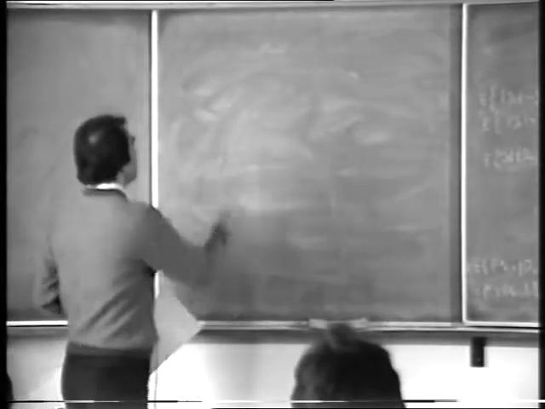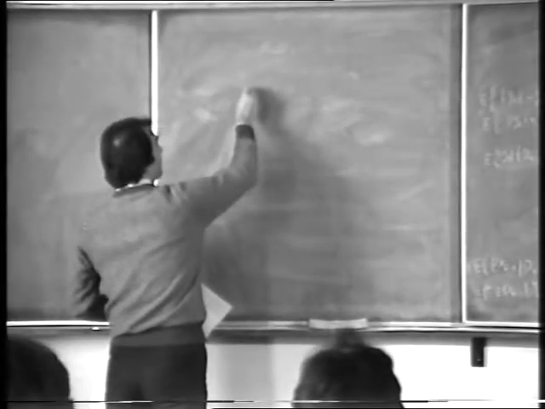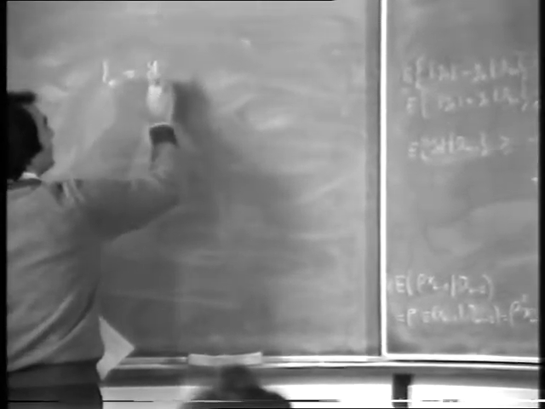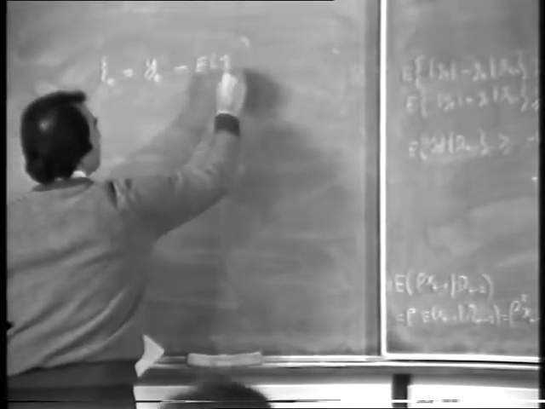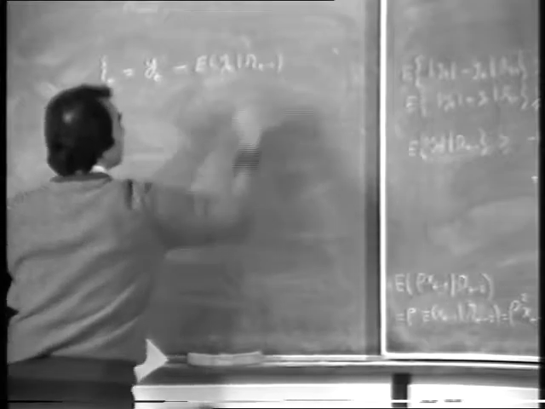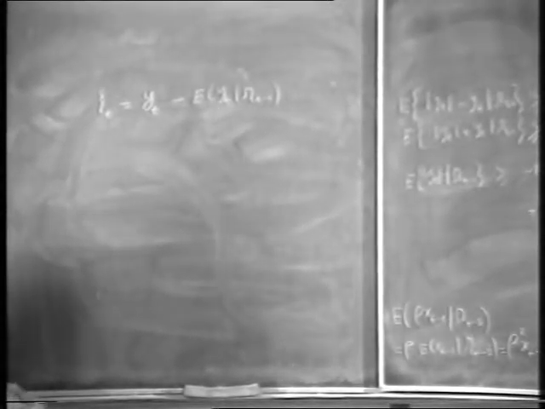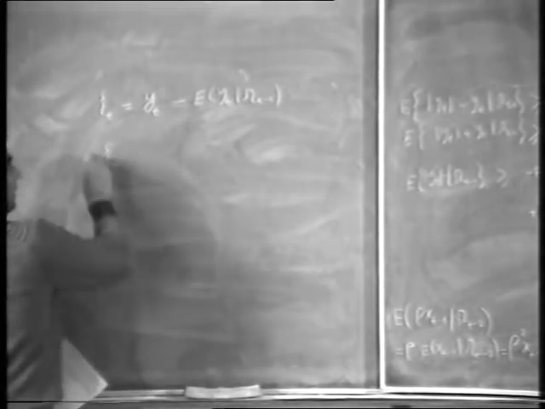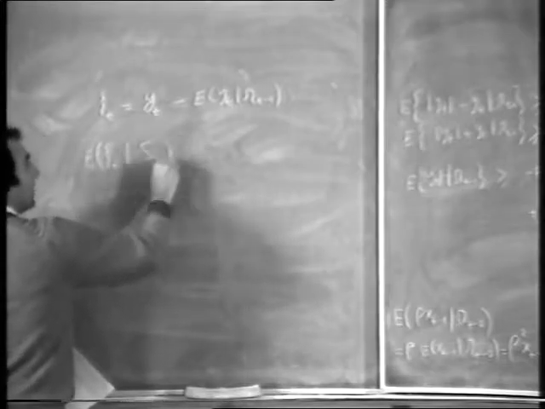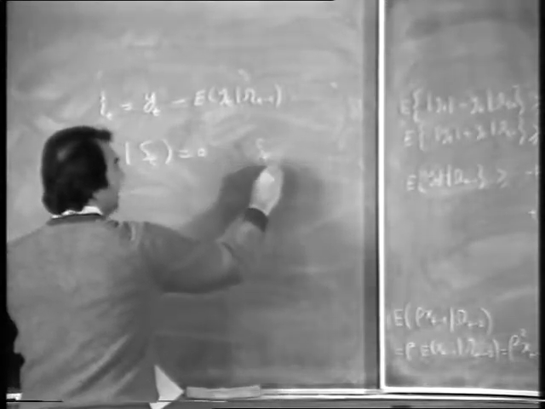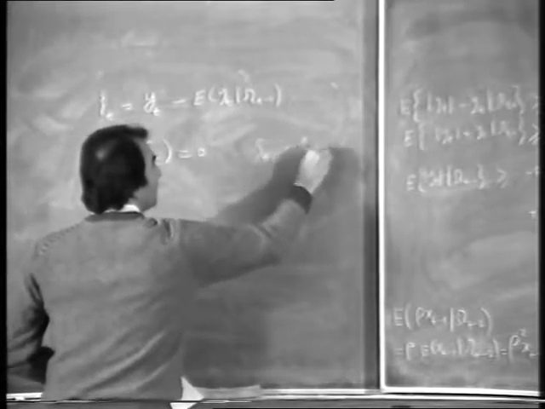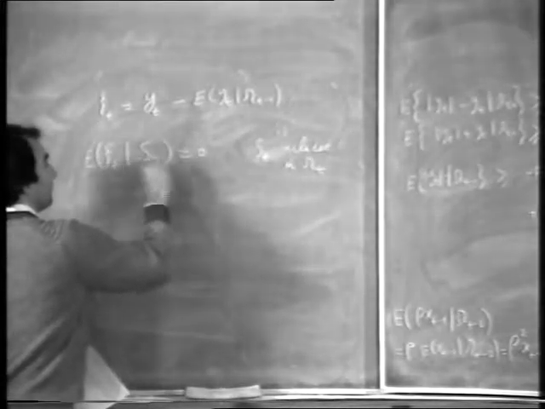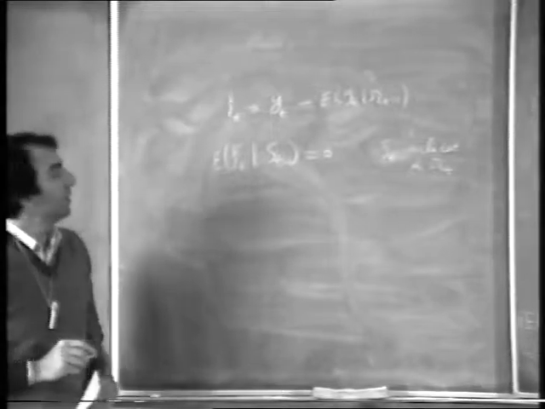Now, the orthogonality property has to do with the fact that if I define xi t as the expectational error of yt, say, with respect to omega t minus 1, then the orthogonality property suggests that xi t is orthogonal to any set st, so long as st is included in omega t minus 1.